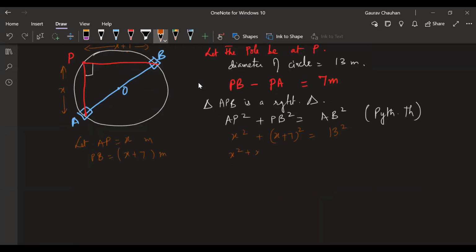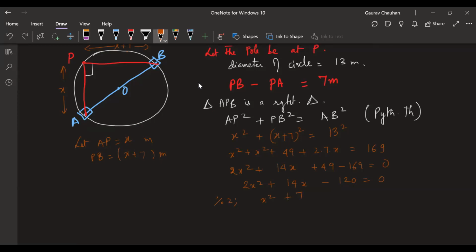X square plus 49 plus 2 into 7 into X is equal to 169. 2x square plus 14x plus 49 minus 169 is equal to 0. 2x square plus 14x minus 120 is equal to 0. Correct me if I'm going wrong anywhere. I'm going to divide by 2 because everything is divisible by 2.